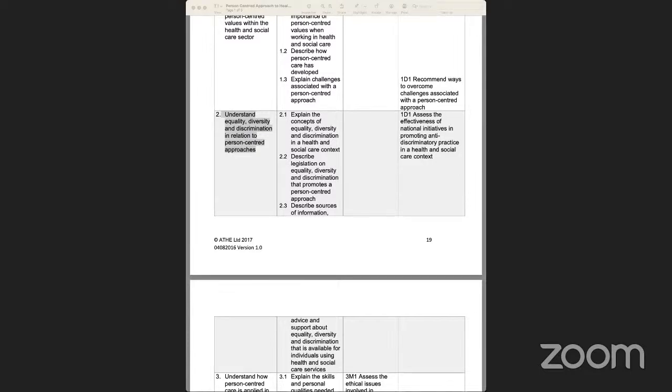What is the government's role in promoting equality, diversity, and non-discrimination when we see the health and social care sector, and how do they look at proposing policies at the local, regional, and national level, which are then implemented by relevant authorities to ensure that there is no discrimination which happens when we look at providing person-centered care.